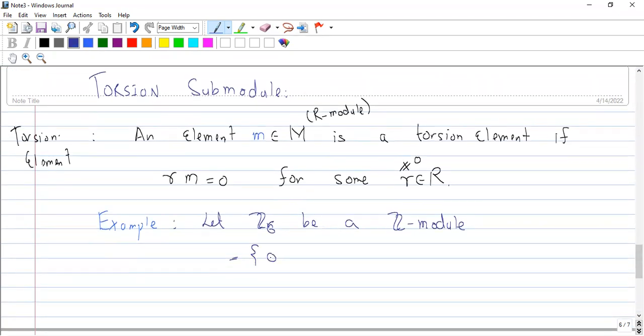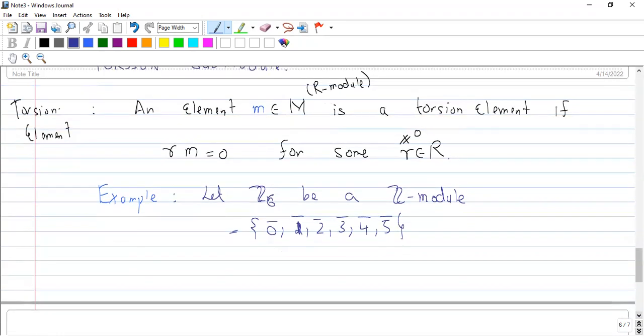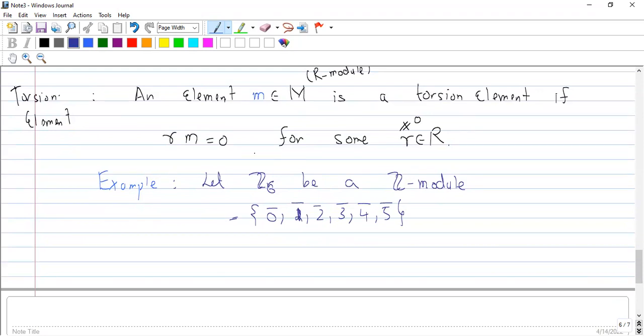What are the elements of Z6? 0 bar, 1 bar, 2 bar, 3 bar, 4 bar, 5 bar. Now I am computing the torsion elements.